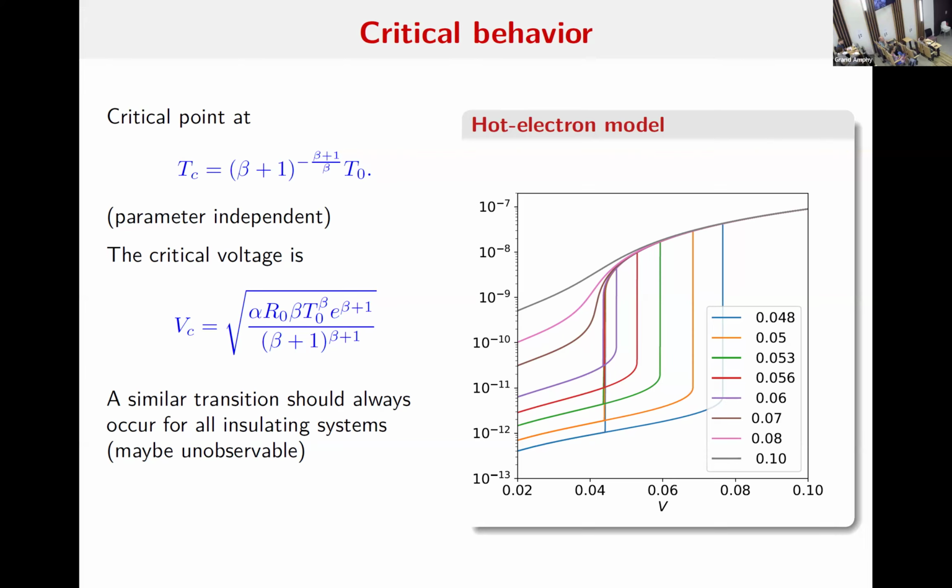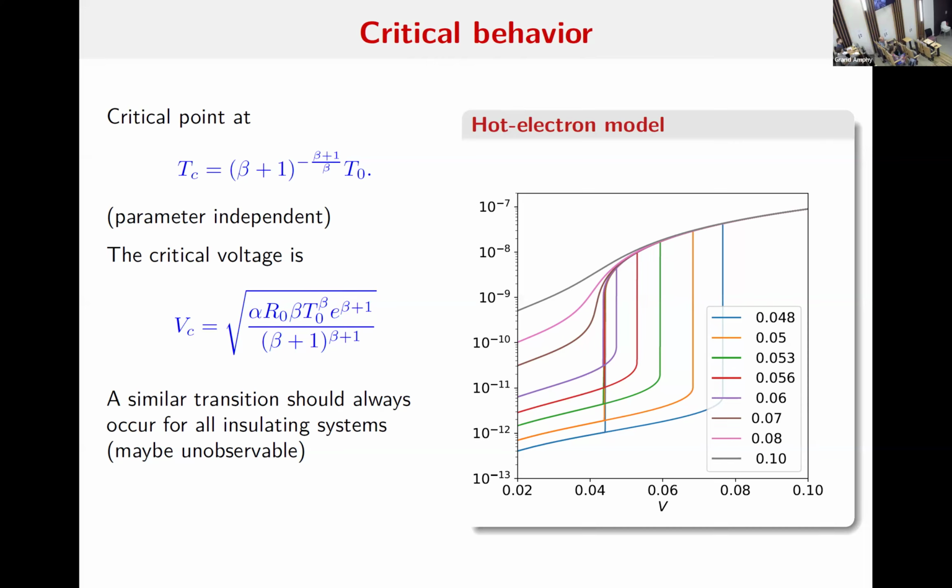So in principle, every material should have this transition. The only thing is that if the electrons and the phonons are properly coupled, this alpha is very large, and the critical voltage is huge. So you will never see it in practice. Other effects will occur first.